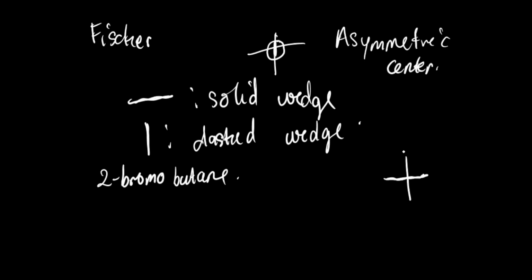Now this is our asymmetric center. We can decide to attach a hydrogen here, whatever we like. Let's attach a bromine here. We could attach a methyl here, and then attach our ethyl here, CH2CH3.